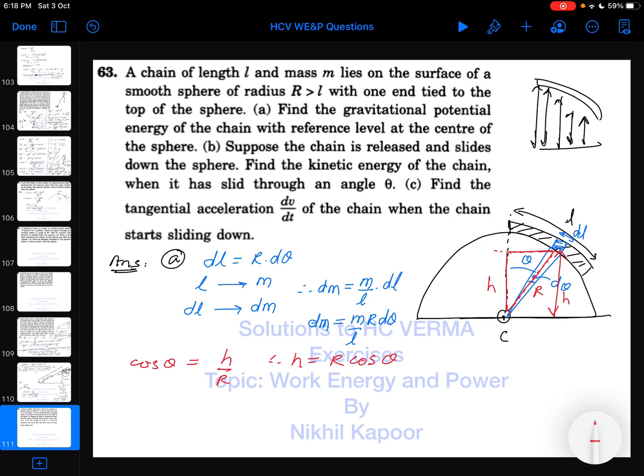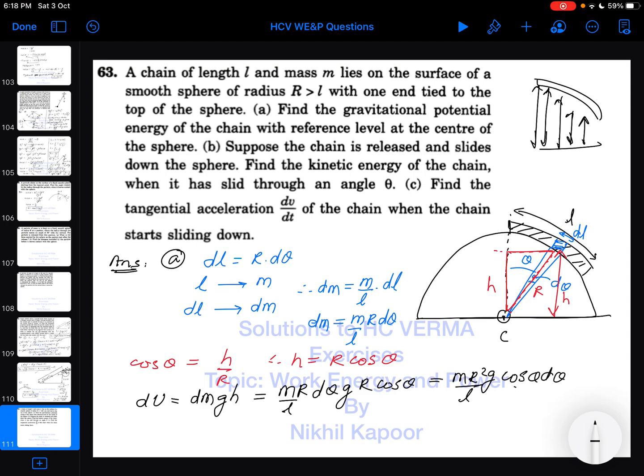As we have got the mass and the height of the element, we can find its potential energy. The potential energy of the element is dm into g into h. So dm is m r by L into d theta, into g, into height r cos theta. That comes out to be m r square g by L, cos theta d theta. Okay, so that is the potential energy of the element.